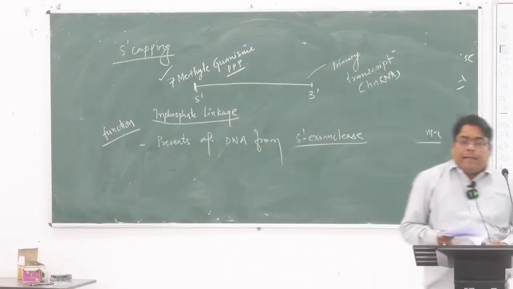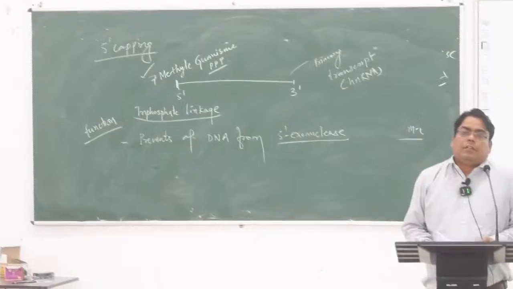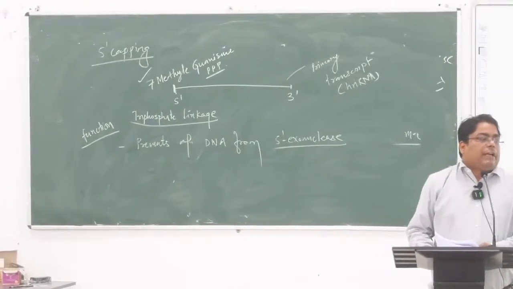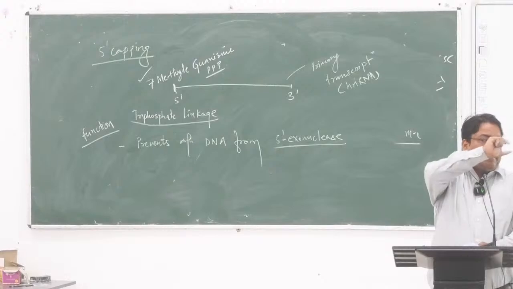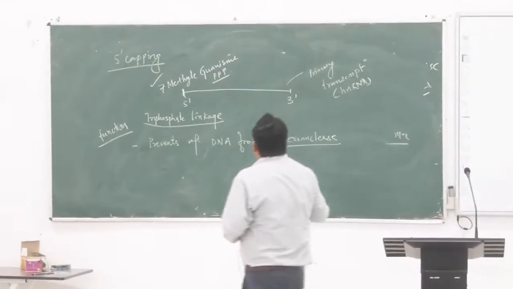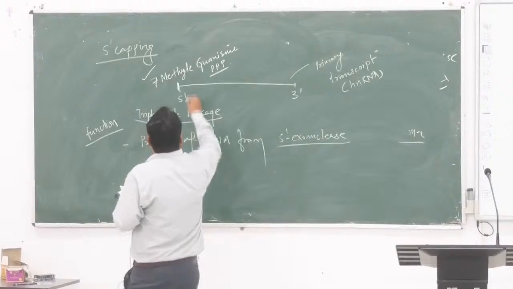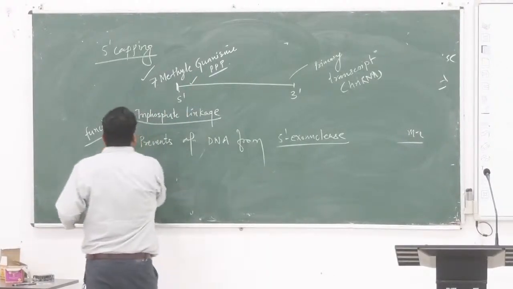That means it provides stability to this particular hnRNA. The 7-methyl guanosine triphosphate attached at the 5' end provides stability to this primary transcript.